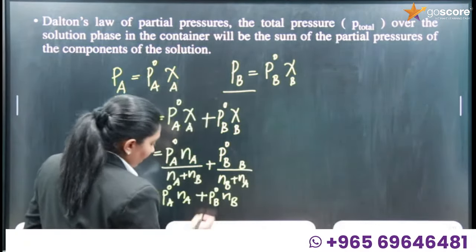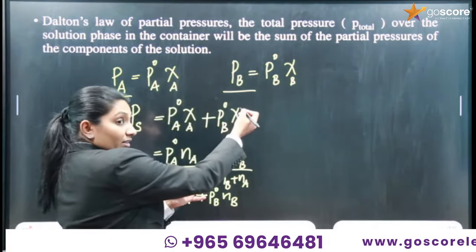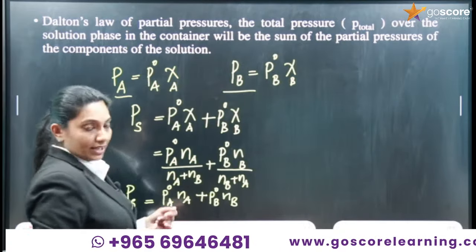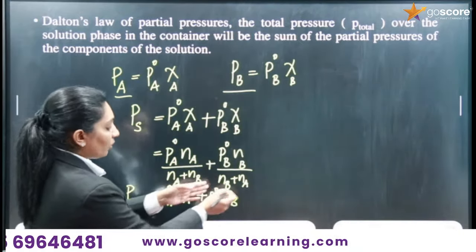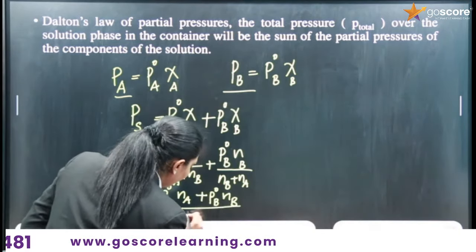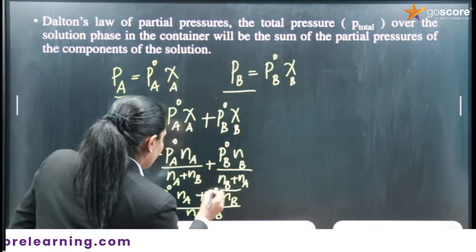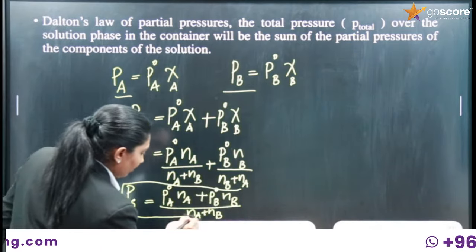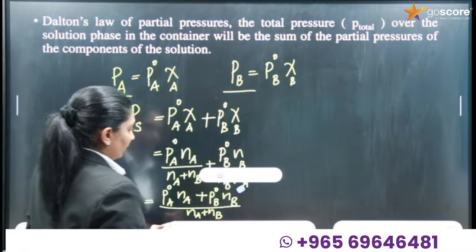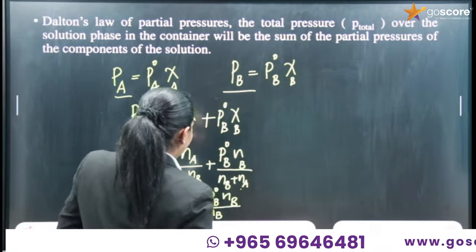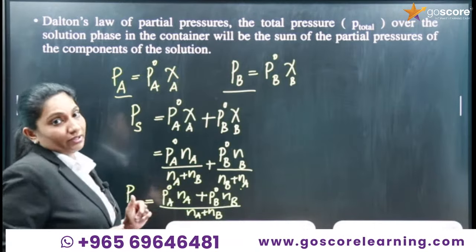We have rewritten chi B as Nb by Na plus Nb, right? So, I can rewrite it as P naught A Na plus P naught B Nb, whole divided by Na plus Nb. This is a very important equation that connects Raoult's law and Dalton's law.